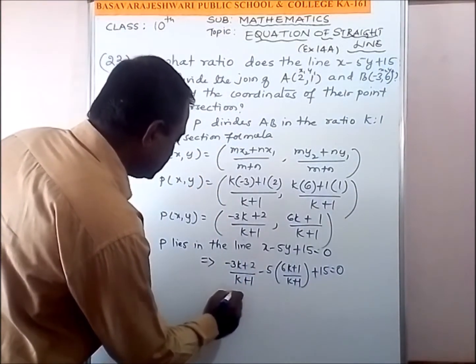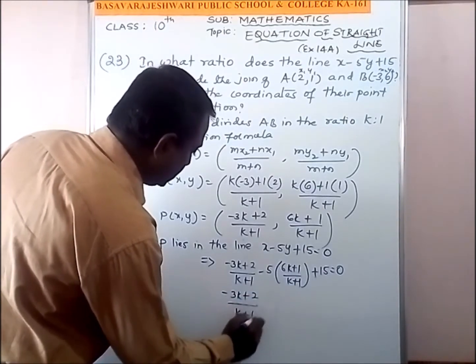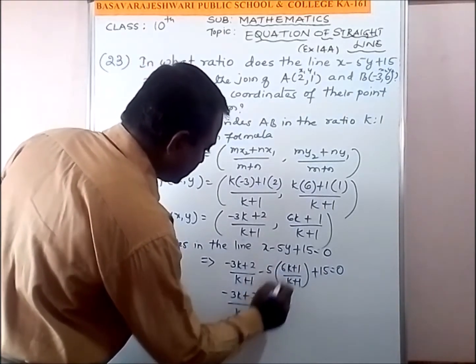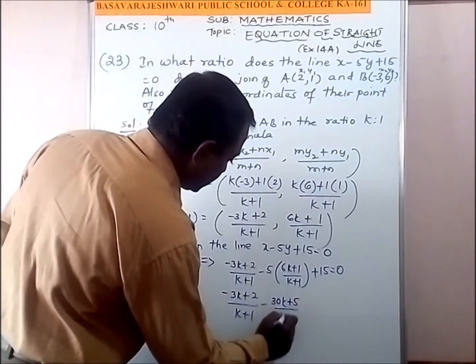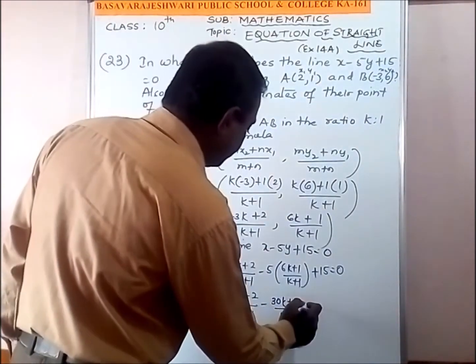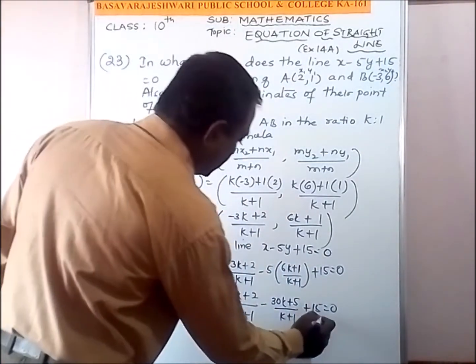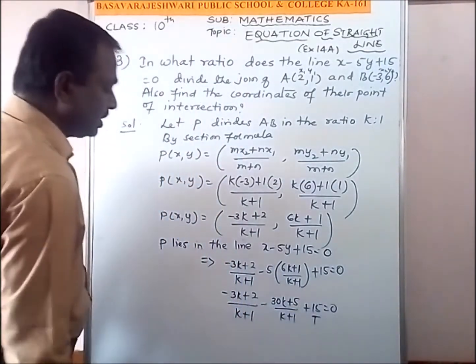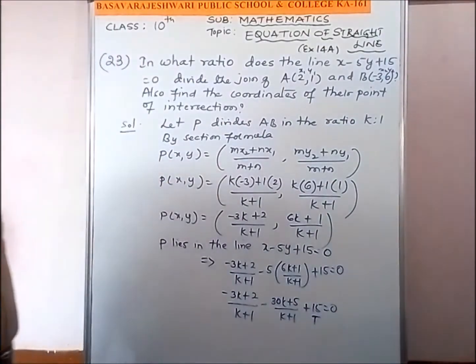Now minus 3k plus 2 by k plus 1 minus 5 into (6k plus 1) by k plus 1. Correct? Plus 15 is equal to 0. So what is the LCM? k plus 1 is the LCM.